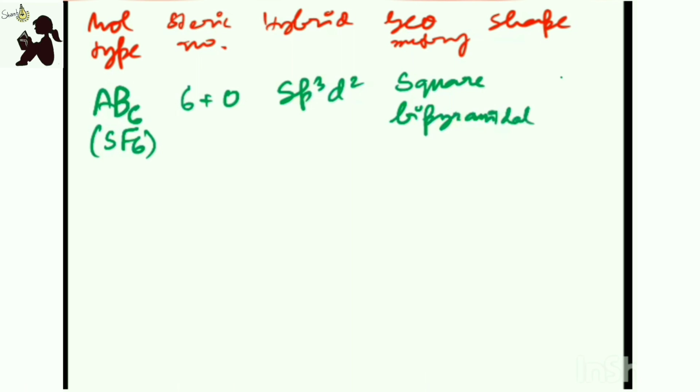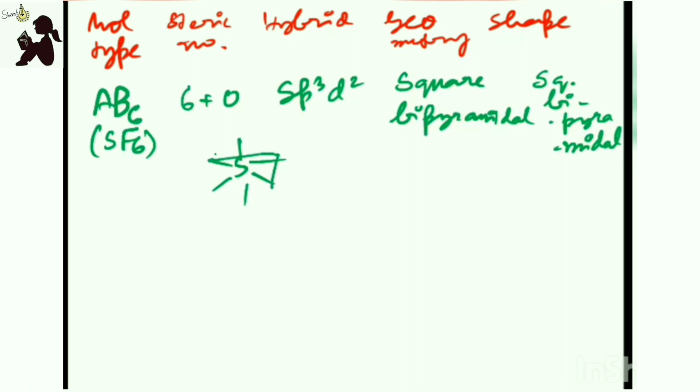Now we are writing square bipyramidal here, and the shape will also be square bipyramidal. Okay. Let us draw the shape of this. So it is square bipyramidal. You can see.